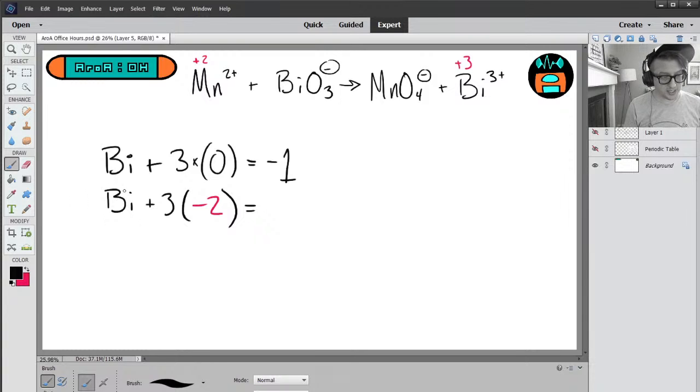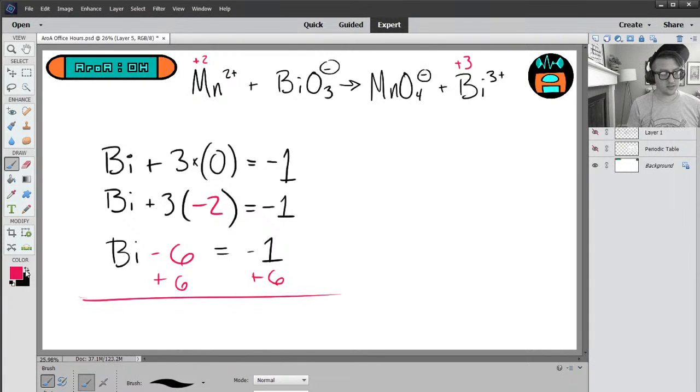So bismuth minus 6 equals -1. And so we can find the oxidation state of bismuth by adding 6 to both sides, and we get that bismuth has an oxidation state of +5 on the reactant side. So we have a +5 for bismuth and then a -2 for oxygen.